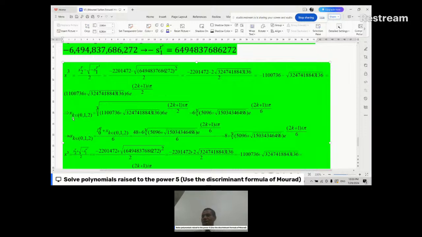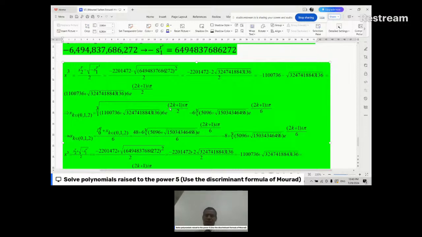Therefore x subscript k, from 0 to 2, is the cube root of this value plus the cube root of this value, exponential 2k plus 1 i pi over 2.